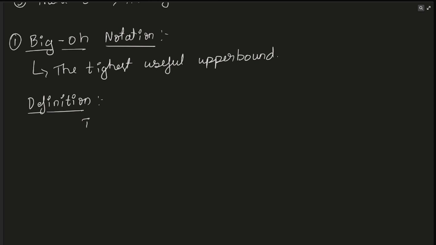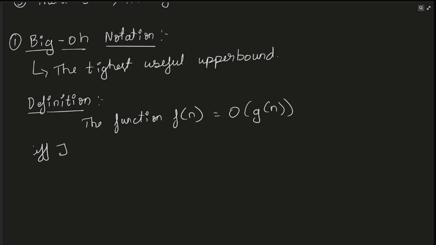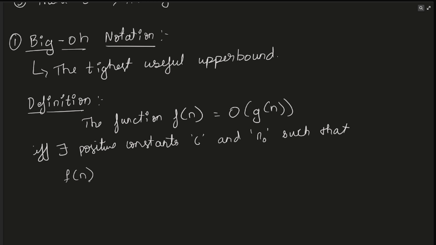The definition says the function f of n is said to be big O of g of n if and only if there exist positive constants c and n naught such that f of n is less than or equal to c into g of n for all n greater than or equal to n naught. This is the textbook definition of big O notation.